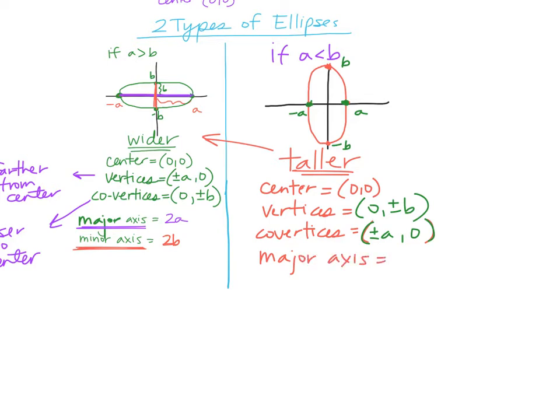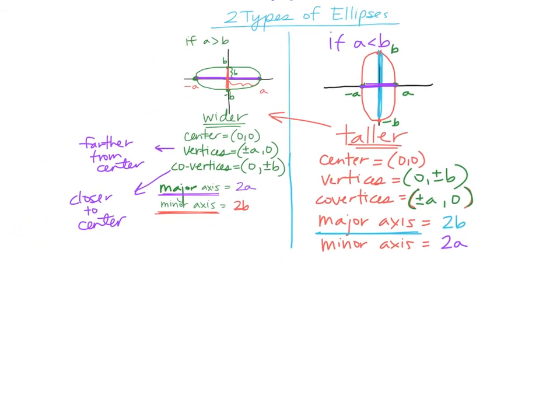And remember, major axis is always the longer one. So my major axis right now is here, which is a length of 2B. And then my minor axis is the shorter one, which would go this way, and that's going to be a length of 2A. So we have these two setups.